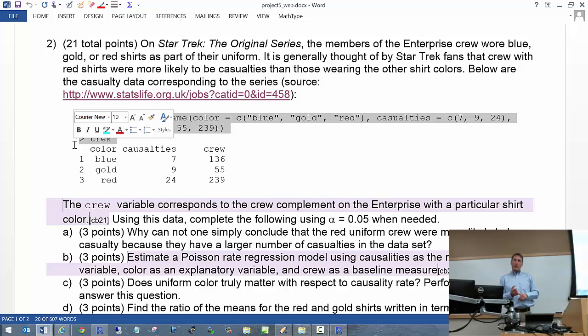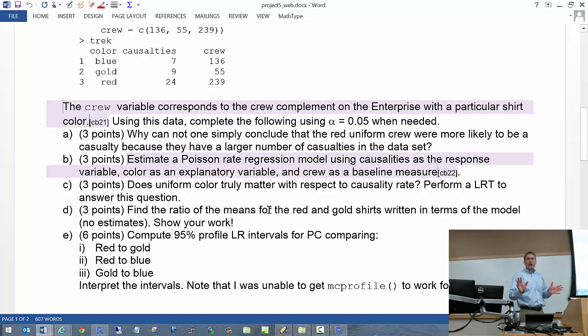Rather, it's a Poisson problem, where the Poisson response is casualties, and the crew represents what we've been calling T, similar to the number of melanoma cases in Omaha versus New York City, where the population size of that city was our T. We're going to adjust for it by using an offset in our model. Any questions about the data?